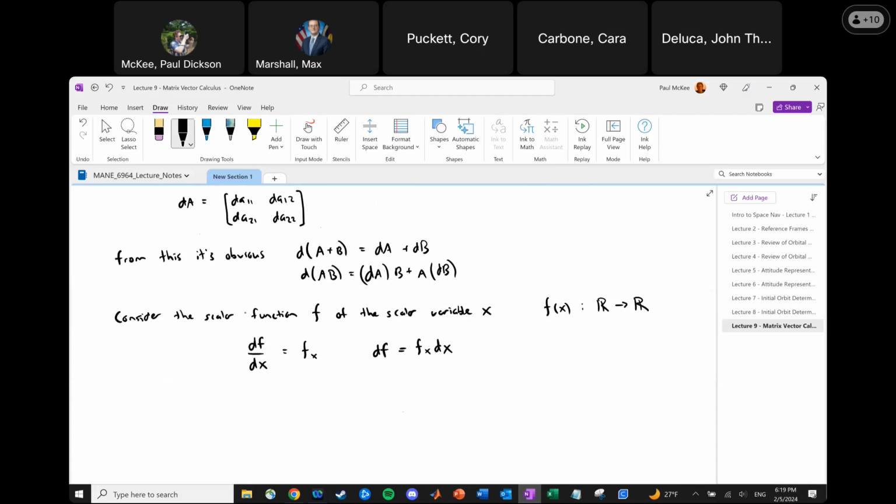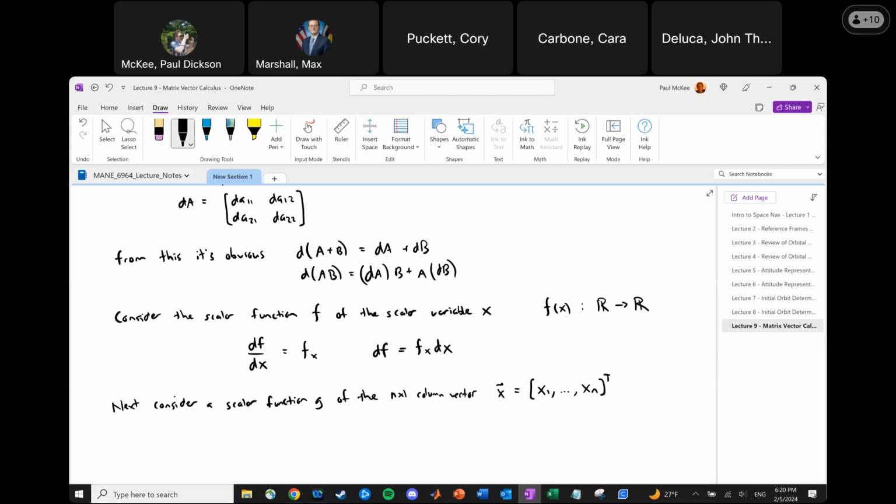Good so far. Next, consider a scalar function g of the vector, not just any vector, but specifically the n by 1 column vector x, which is x1 to xn transpose, right?